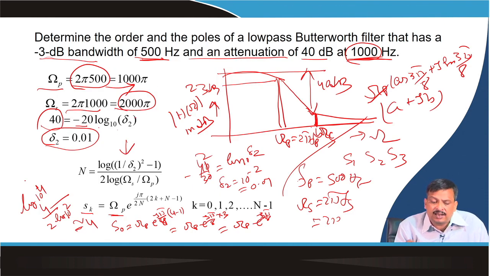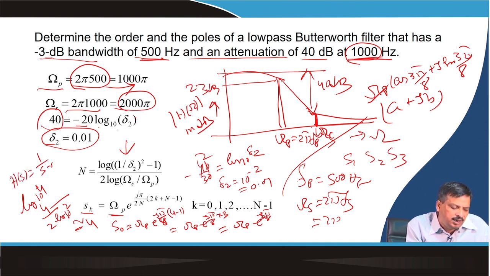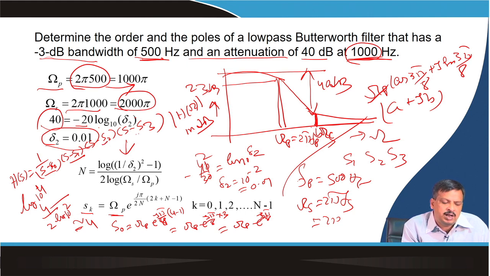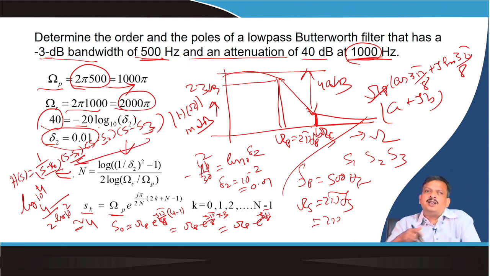Hs is 1 by S minus S0 into S minus S1 into S minus S2 into S minus S3. You can find out that S2 and S3 are the complex conjugates of S1 and S0. So, I have designed. Okay. So, this is the Butterworth filter design.